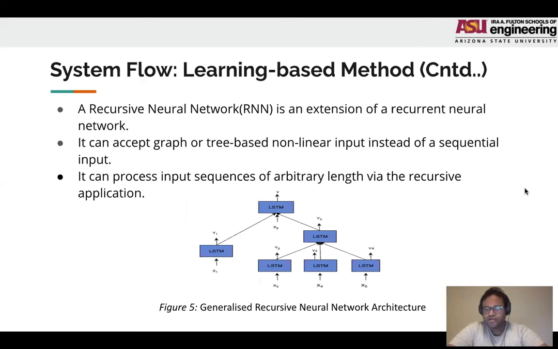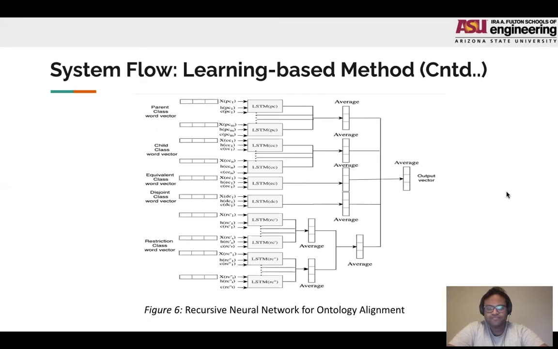Okay. So for the training part, the model that we use is a recursive neural network, and it is an extension of the recurrent neural network which accepts graph or tree based input. We can see that our data is basically tree based, a nonlinear input. So a recursive neural network is the best one because we can have any number of branches for a particular entity. That's why we use RNN over here.